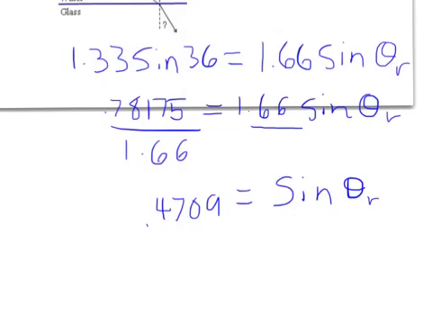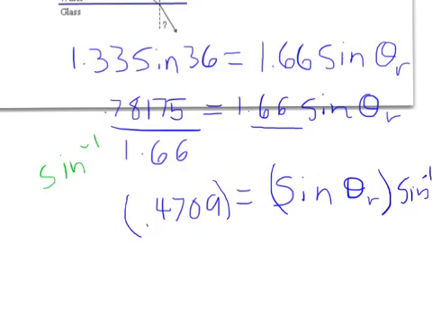Well, you simply take the inverse sine of it. So I'm going to look for the button on my calculator that says sine minus 1. It's usually the second function of the sine button. So I'm going to take the inverse sine of both sides.